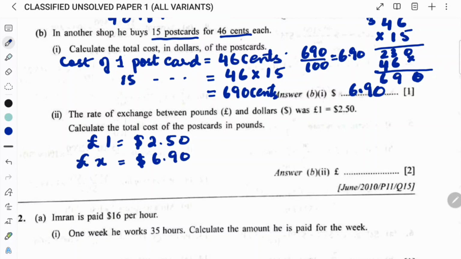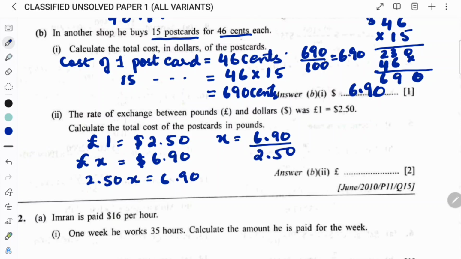They're just asking this, so just simply cross multiply and do it with the ratio method and get your answer. This question is of 2 marks. So obviously 2.50x is equal to 6.90, so the number of pounds will be equal to 6.90 divided by 2.50.